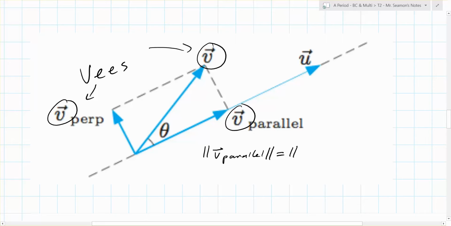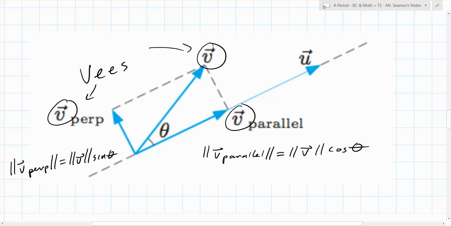Okay, sorry, I understand. So the magnitude of v parallel is going to be equal to the magnitude of v times what? Cosine of theta. What's the magnitude of v perp going to be equal to? The magnitude of v times what? Sine of theta. Are you with me so far?